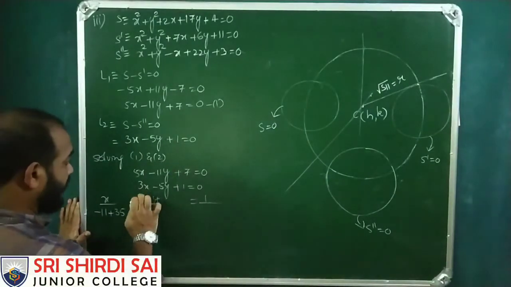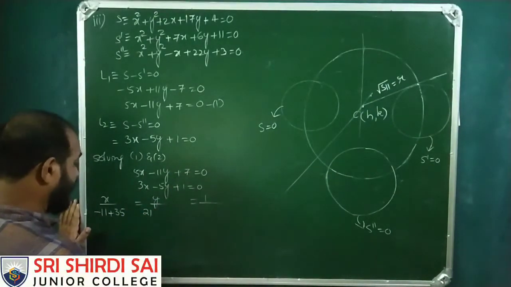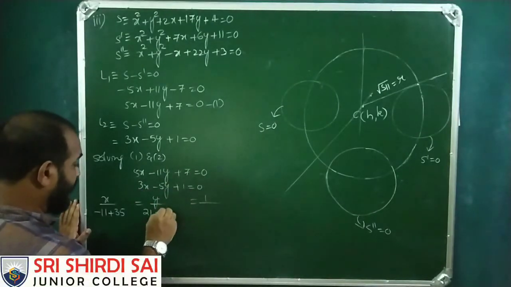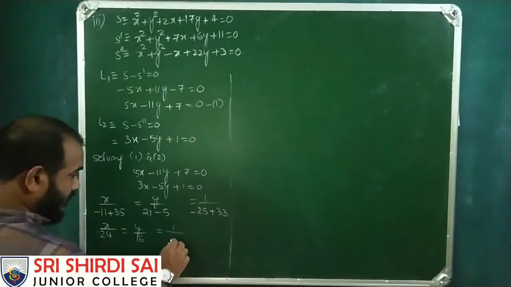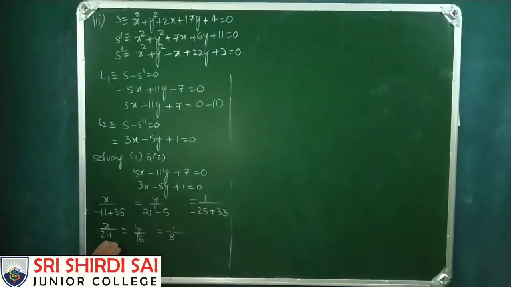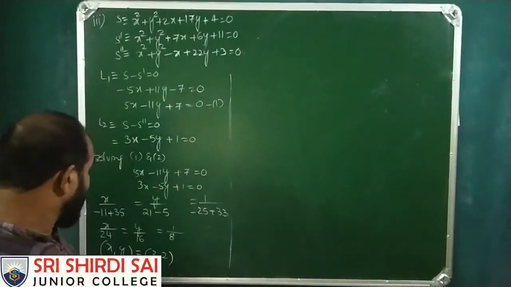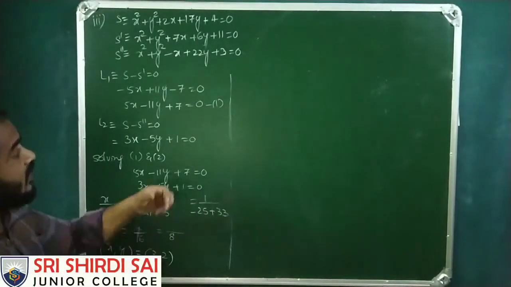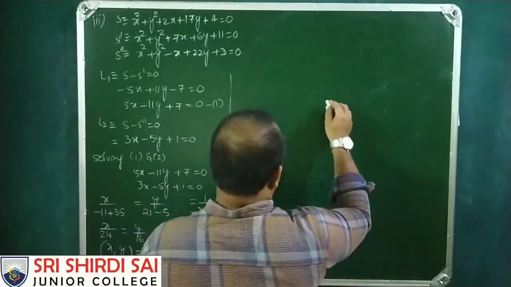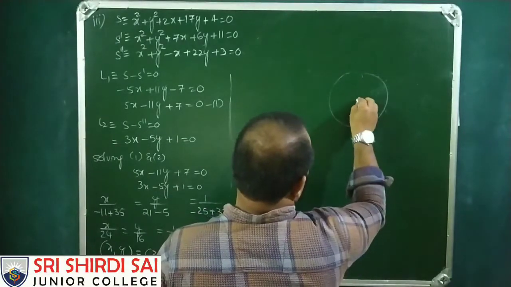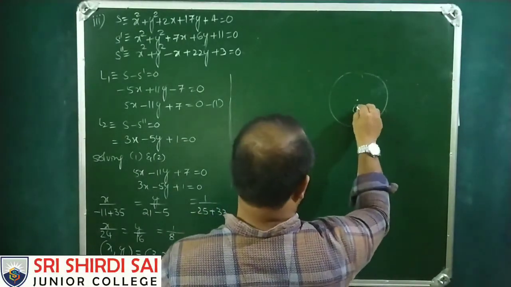Next y: 3 sevens are 21 minus 5 ones are 5. 1: minus 25 plus 33 is 8. Therefore x, y is 24 by 8 is 3, 16 by 8 is 2. Therefore this is the radical center of the required circle that is cutting all the three circles. So for this circle, this is (3, 2) we get.